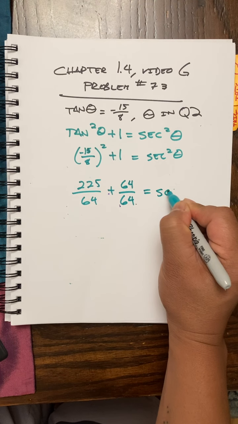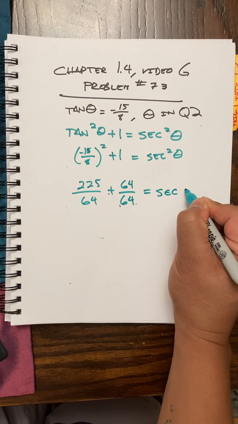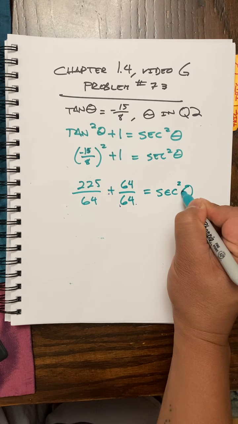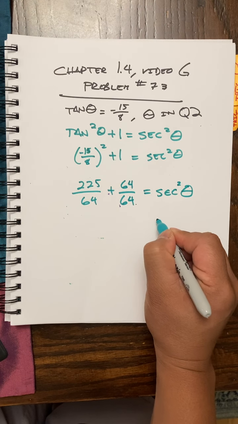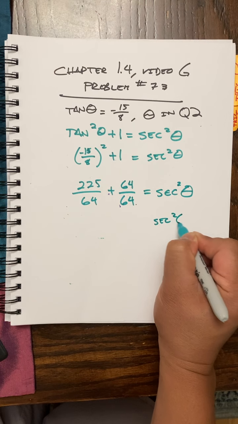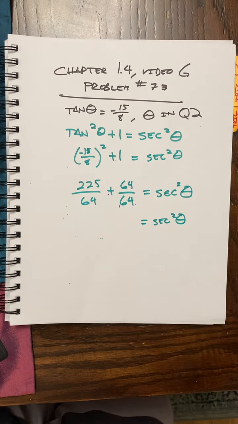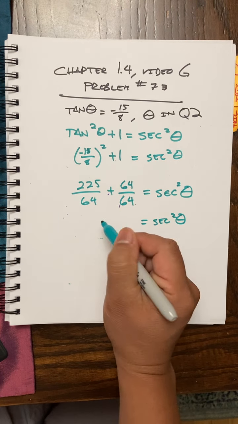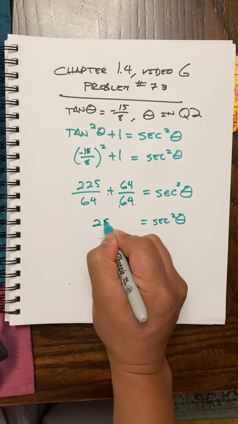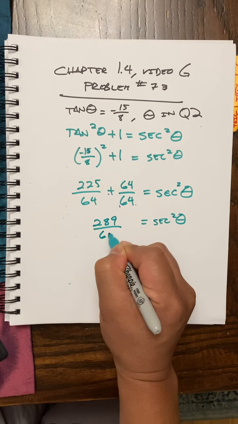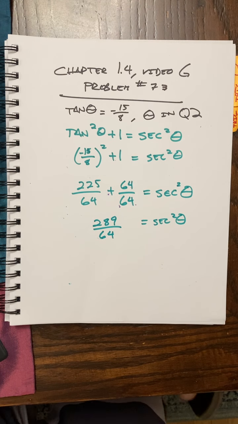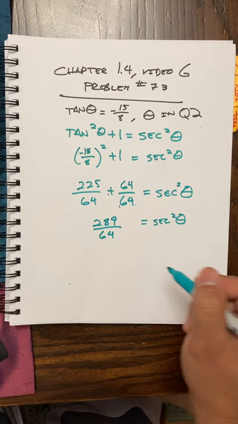And I'm going to get secant squared of theta equals 225 plus 64 is 289 over 64. Now this gets weird because I got to take the square root of both of them.